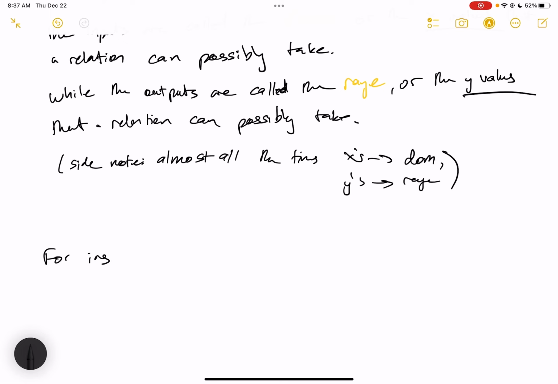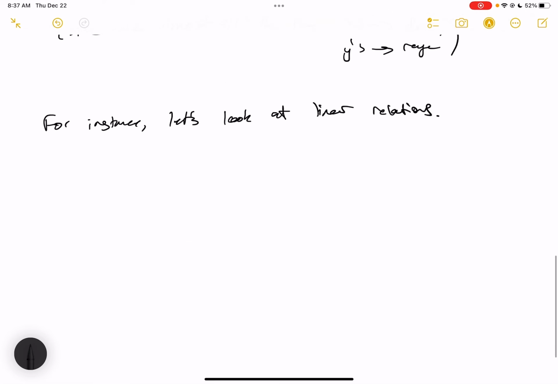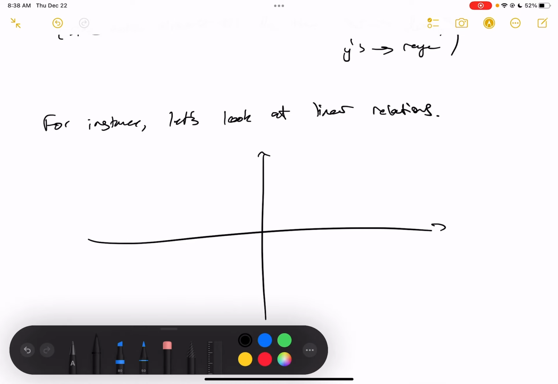So for instance, let's look at linear relations. This is how we're going to see in detail what we're talking about when it comes to how we know what x values we can take and what y values you can take.